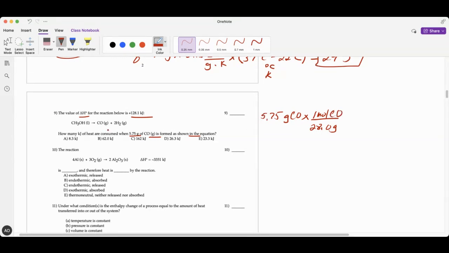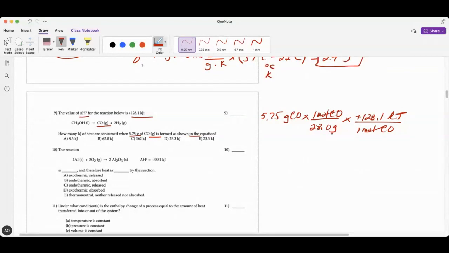And then we use our balanced chemical equation. We have 1 mole of carbon monoxide, and so this would give us positive 128.1 kilojoules.